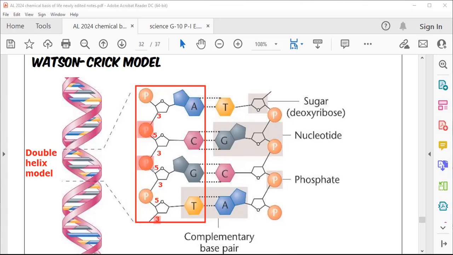Here there is a phosphodiester bond. Here there is a phosphodiester bond. Which carbon atoms are involved in making the phosphodiester bond? Fifth and third, fifth and third.